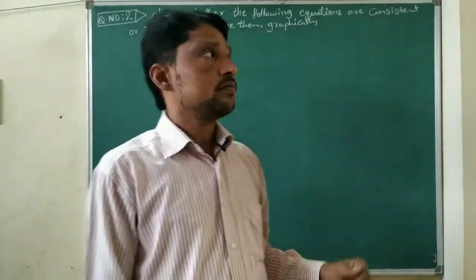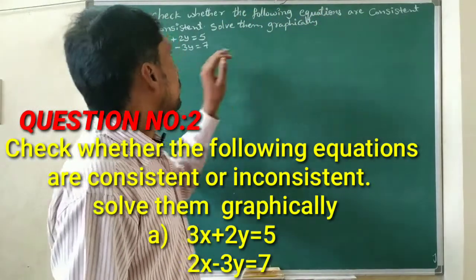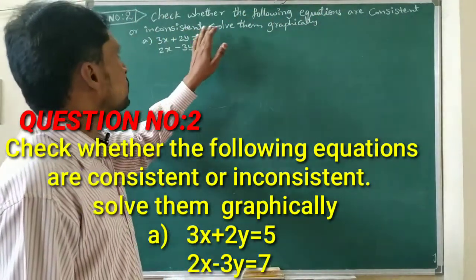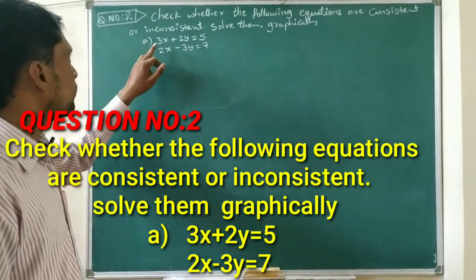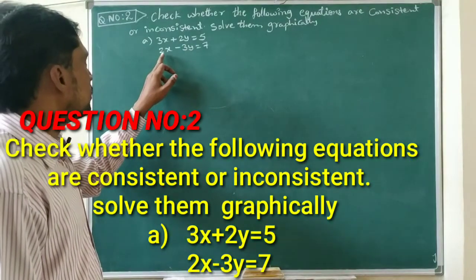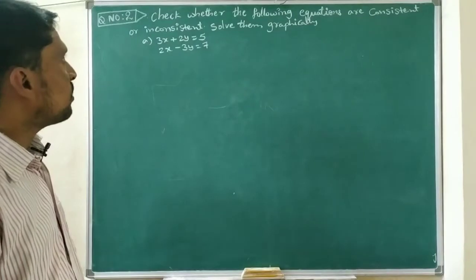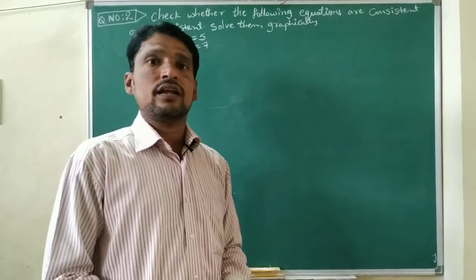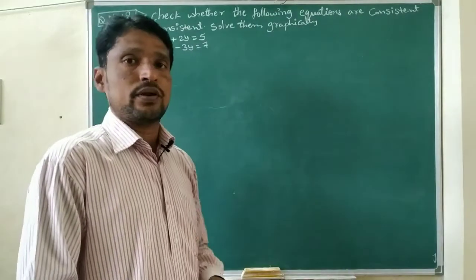Question number 2. Check whether the following equations are consistent or inconsistent. Solve them graphically. In that first one, A, 3x plus 2y equal 5. Second equation, 2x minus 3y equal 7. So we need to find whether these equations are consistent or inconsistent, and also do the graphical representation.